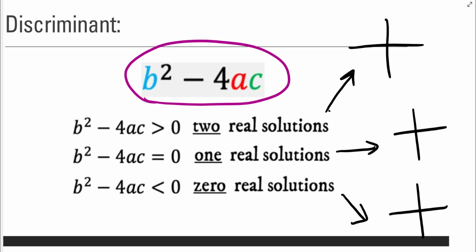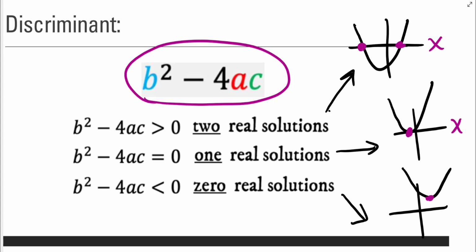So just to give you a visual about what these options mean over here, they're talking about, when you have a graph, the number of solutions. This one touches the x-axis 2 times, so that's 2 solutions. This one touches one time, that's one solution, and this one does not touch x at all, so it is 0 real solutions. All you have to know is that if it's greater than 0, that means it's a positive number.